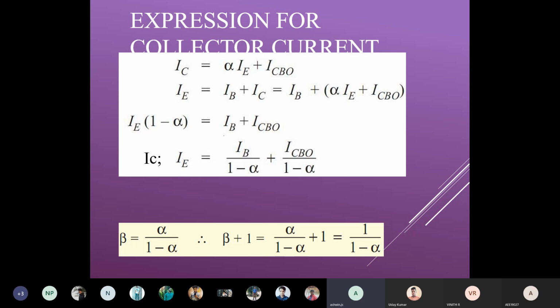Can anyone simplify this equation? How will you simplify? Anyone tell? I want to simplify this equation. Can anyone simplify this? Anyone?